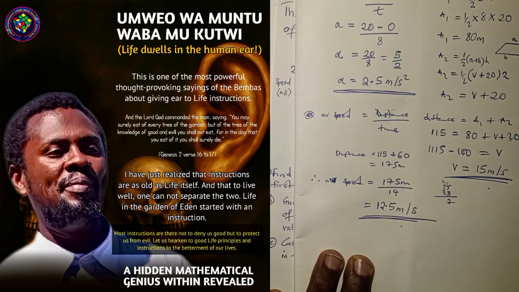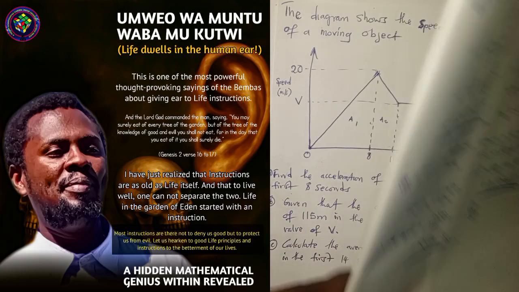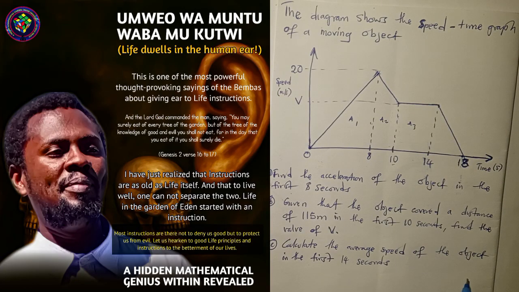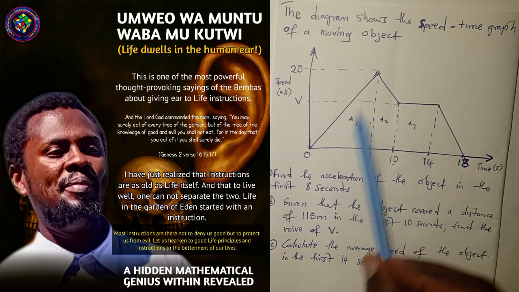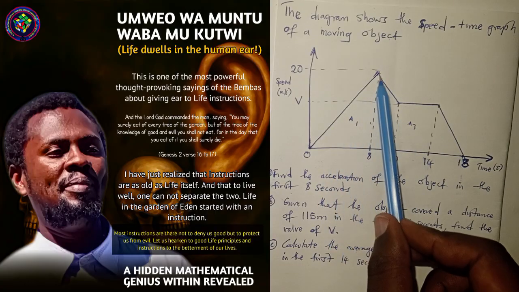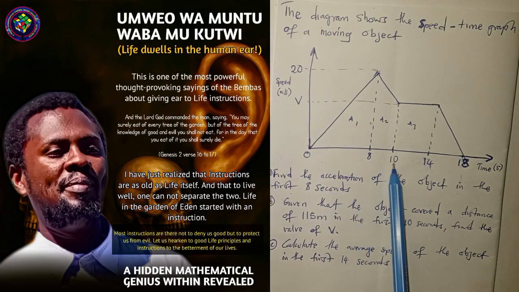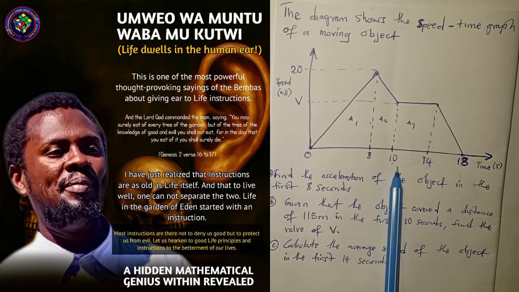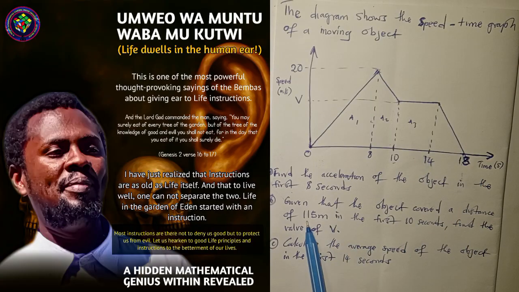So that is the average speed. Average speed is equal to total distance traveled over time taken. Here we are told to find the average speed in the first 14 seconds, and we can see that 14 seconds is there. We already have the area for this shape here, that is the distance in the first 10 seconds, which was 115.